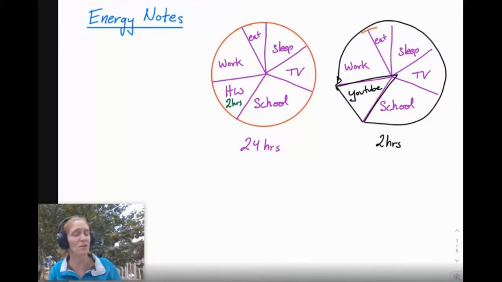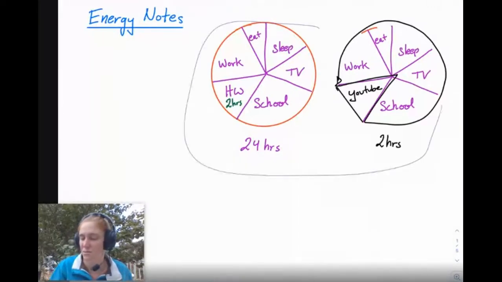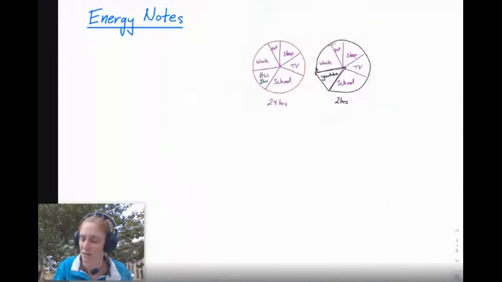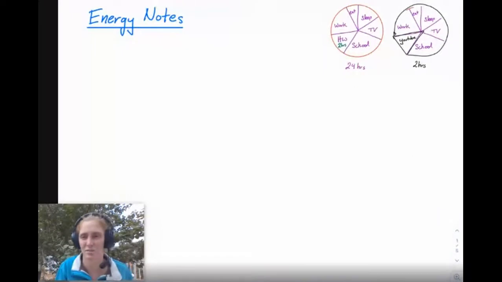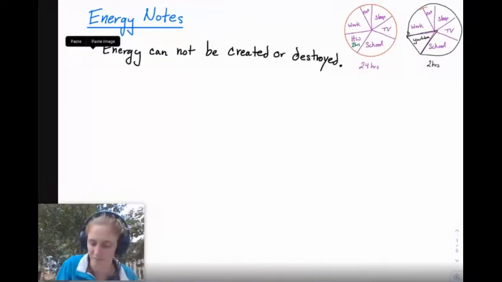It's not that the time went away. I've used it, lost it, although I did spend it. It's just not productive anymore. And the same thing is true for energy. So I gotta move this out of my way. Energy cannot be created or destroyed.